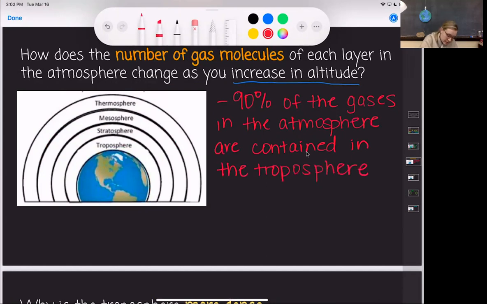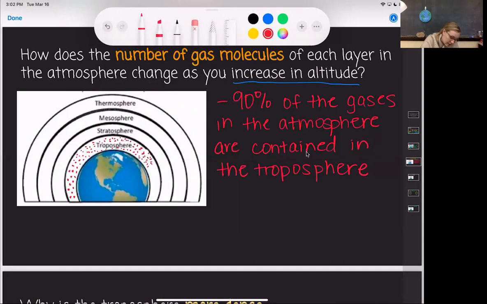So in this area that has the smallest volume, we are actually ending up with the most molecules packed in. Even though this has the least amount of space, 90% of all the gas molecules in the whole atmosphere are shoved into this tiny little part of the atmosphere.